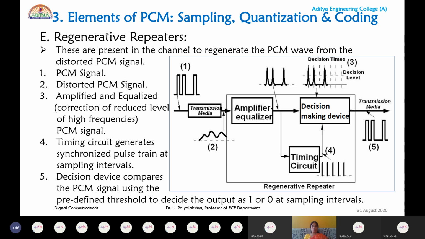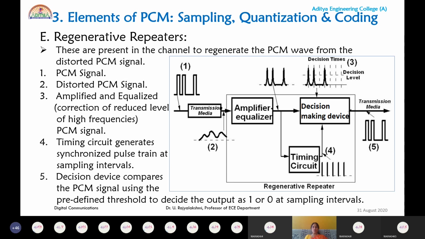Now this distortion you should be able to eliminate. Distortion may be of two types. The signal may get distorted in terms of its amplitude, or it may get distorted with respect to time, so its position may differ. Sometimes the signal may get attenuated.